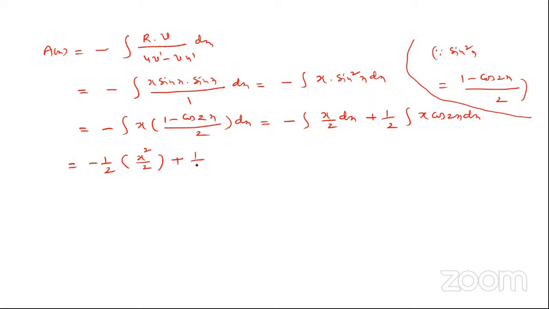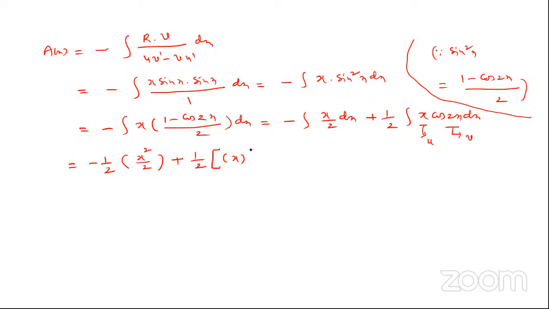Plus 1 by 2 into, now this is the time to evaluate the integral by using by parts: integration of x into cos 2x. x comes under the algebraic function, say first function u; cos 2x is under the trigonometric function, say v, according to ILATE. Now apply integration of u into v, which is u into integration of v.